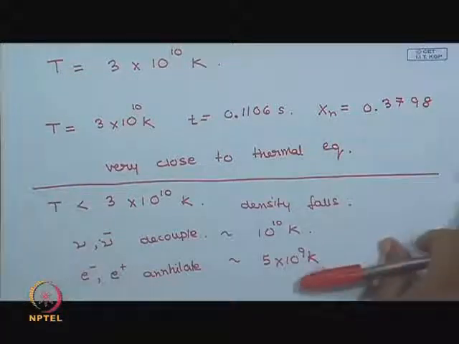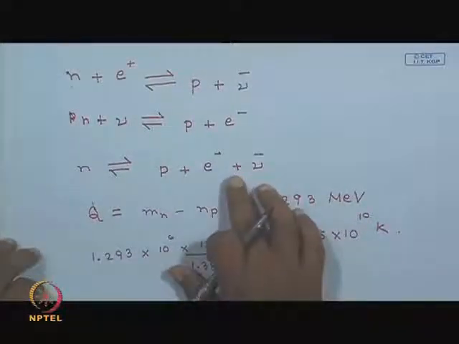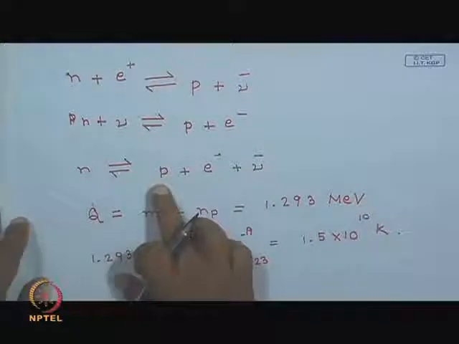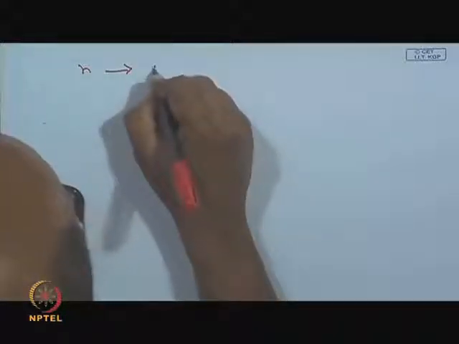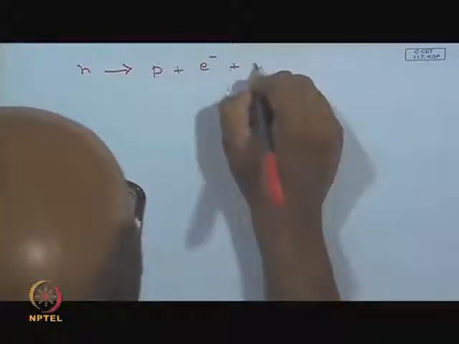By and large, the only reaction that continues to happen beyond this is this reaction, and let me write it down. The neutron goes over to a proton plus an electron plus the antineutrino.